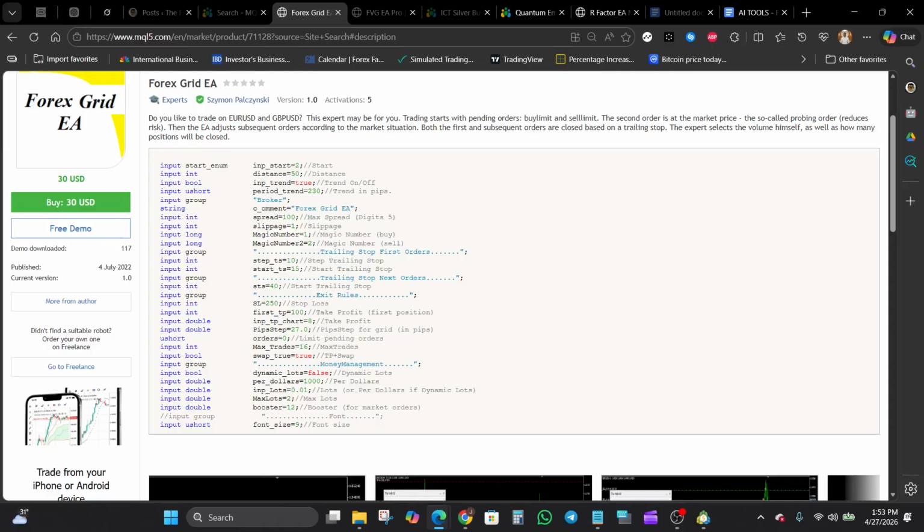All right, so instead of just talking about it, let's actually see how this EA behaves in real market conditions. I have already downloaded the free demo, which can only be used on the strategy tester. So we are just going to be testing the Forex Grid EA on EURUSD.